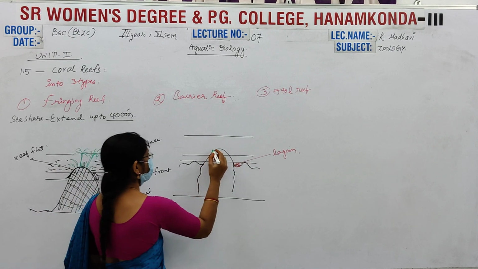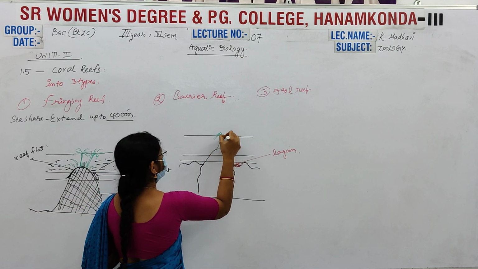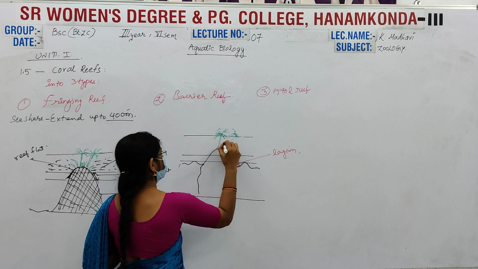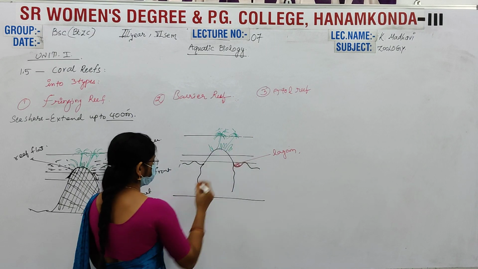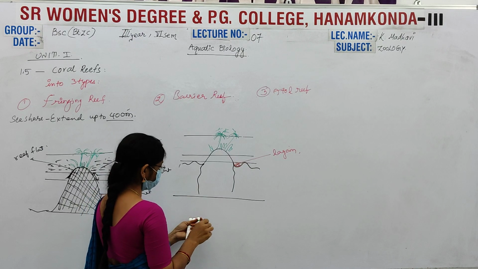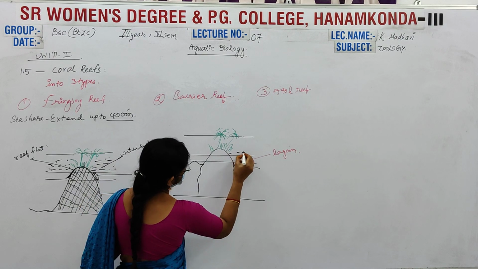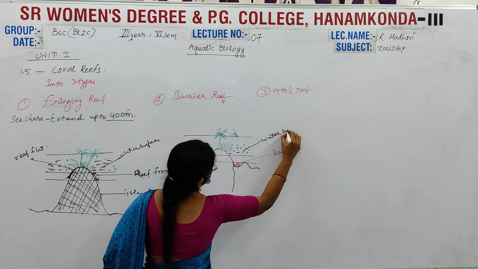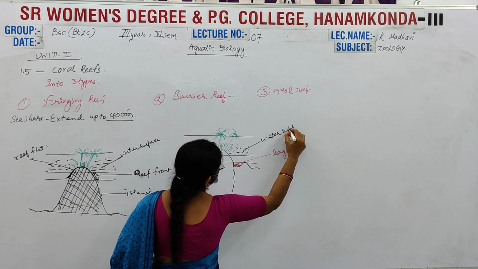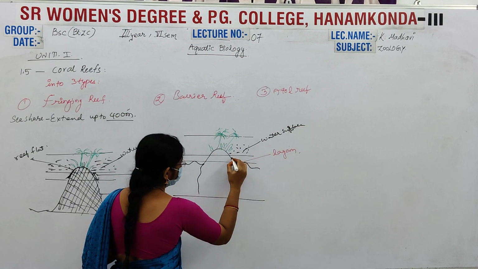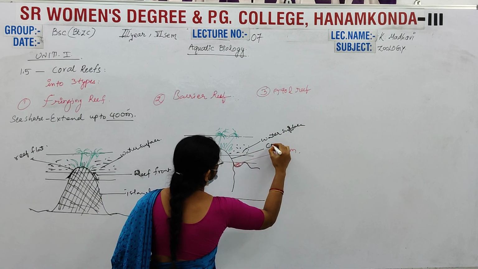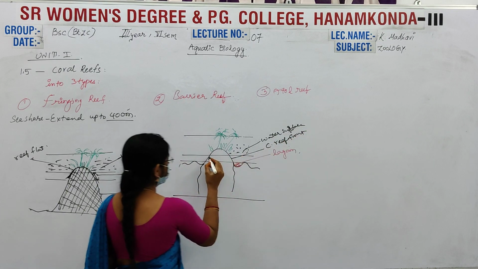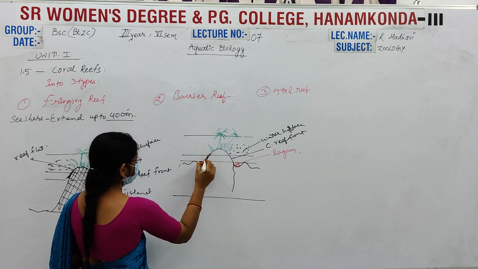The plants grow on this side. This is the coral reef. Here the water surface, and next here the coral reef front, and this one is the coral reef flat.